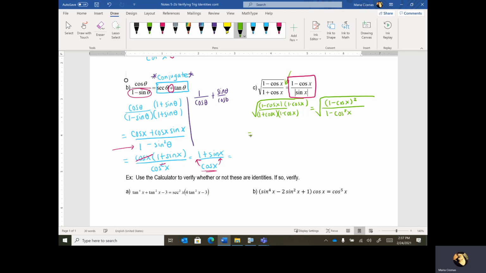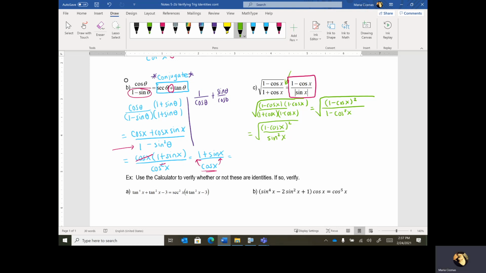And let me move over here and make sure I have room for everything. Oops, here the squared is on the outside of the 1 minus cosine. And because the squared is on the inside there in the denominator, 1 minus cosine squared is sine squared. Pythagorean identity.